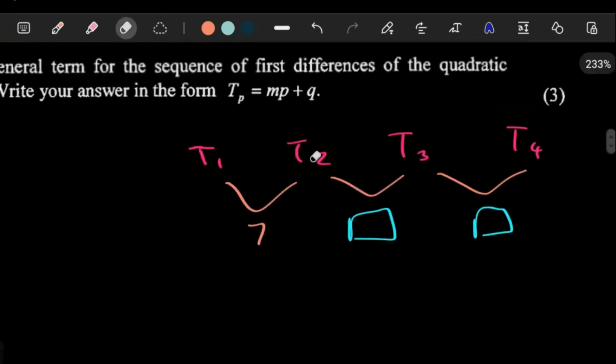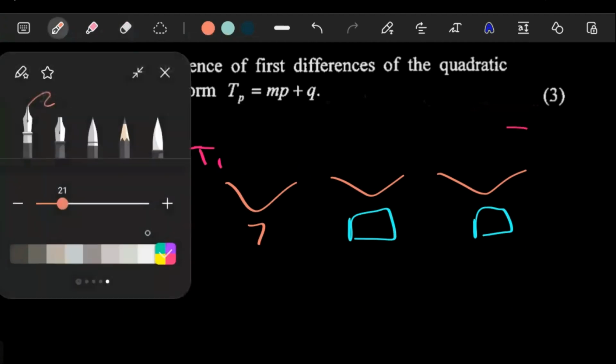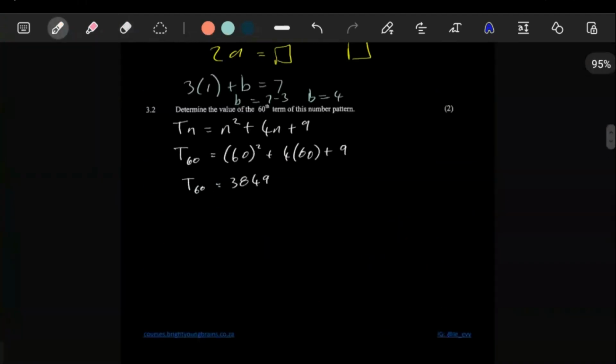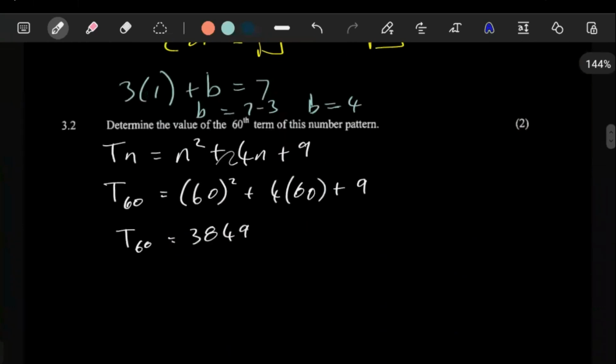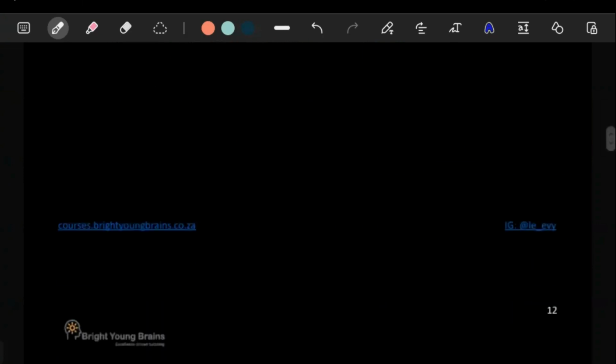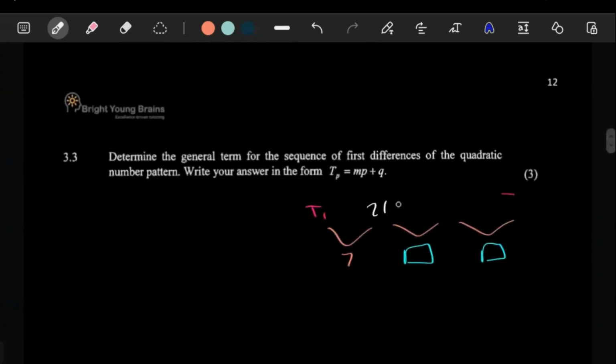All we need is term number 1, 2, 3, and 4. Or rather term number 2, 3, and 4. Let's get those. So term number 2 is what we get if you put a 2 over there. So 2 squared plus 4 times 2 plus 9. Term number 2 is 21.